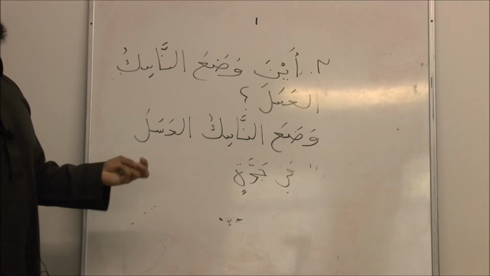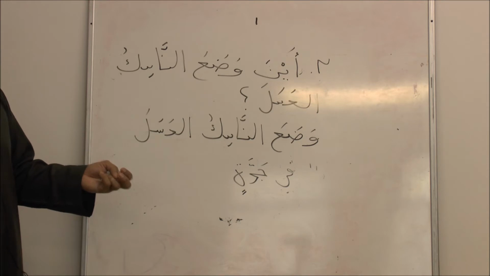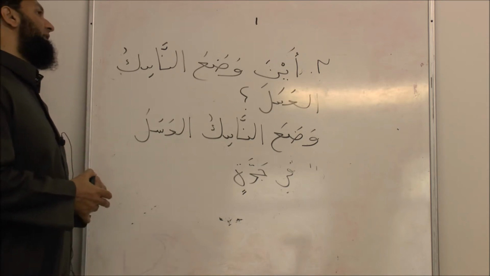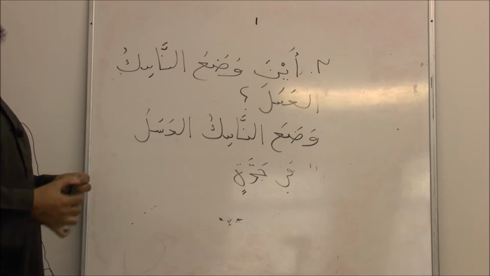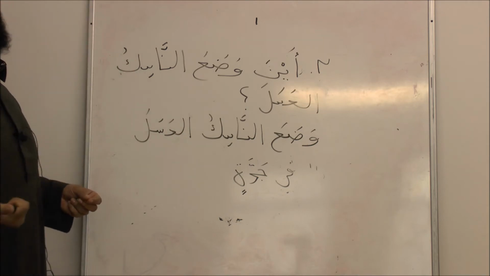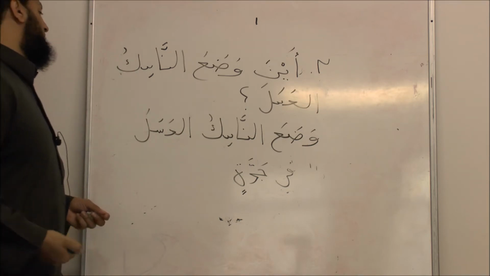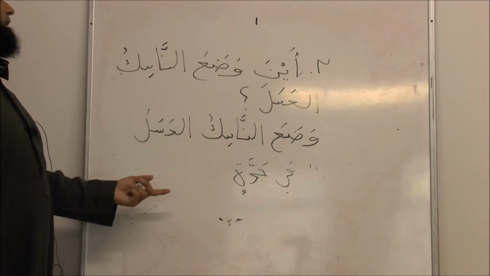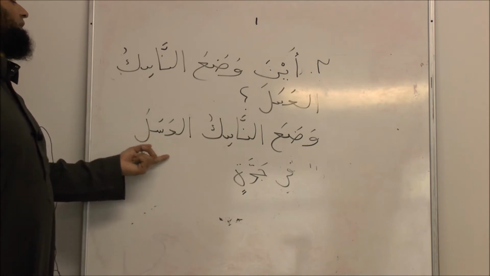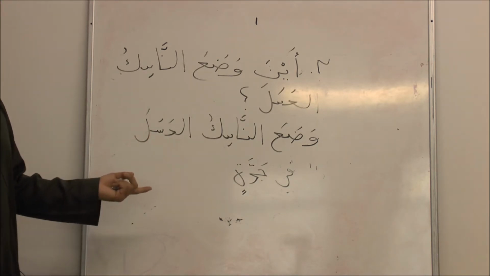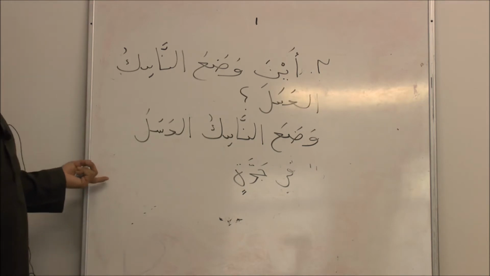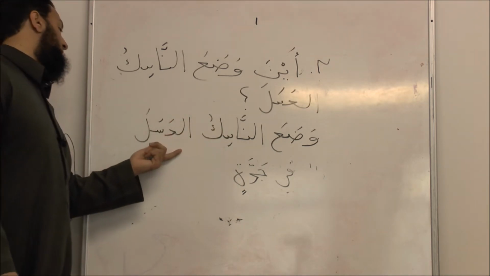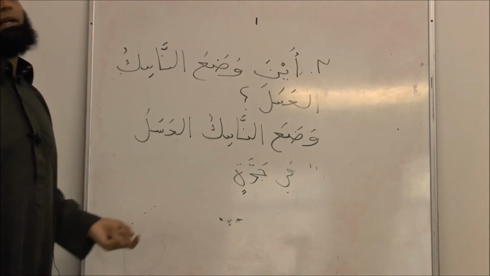You could say في الجرة, so it depends how you want to phrase it. Do we refer to the jar as a jar or the jar? It doesn't really matter. So this is the answer: وضع الناسك العسل في جرة. The hermit placed the honey in a jar.